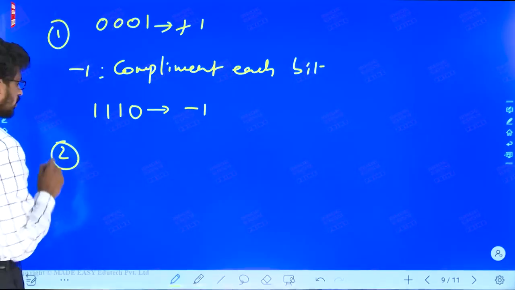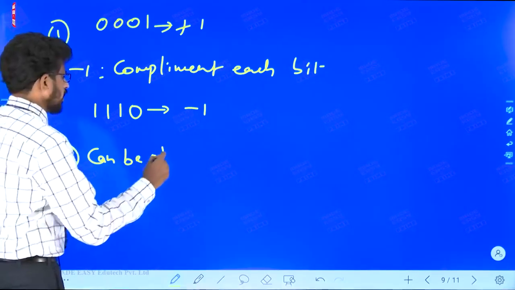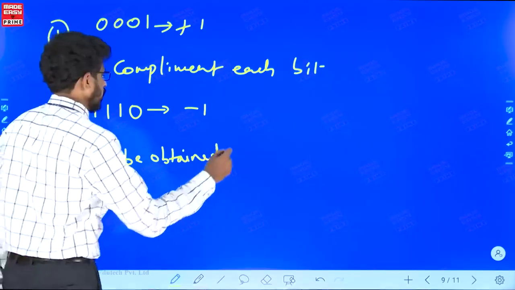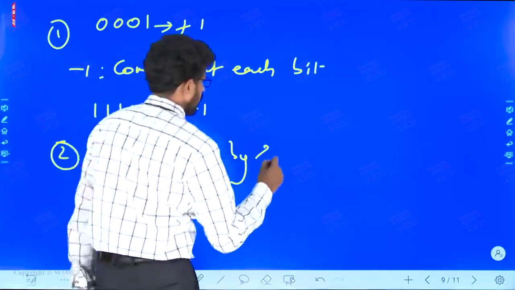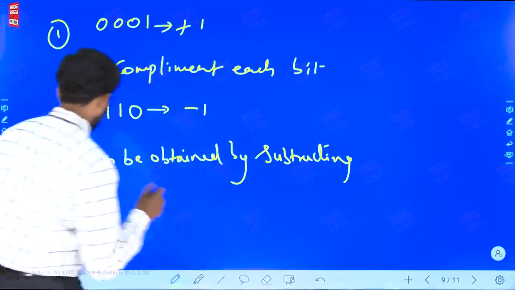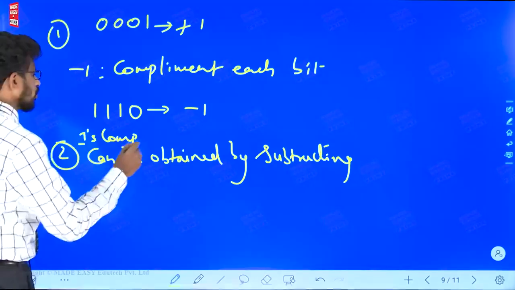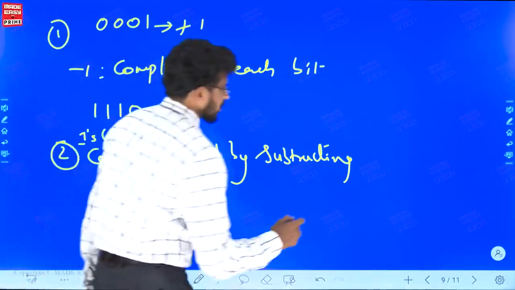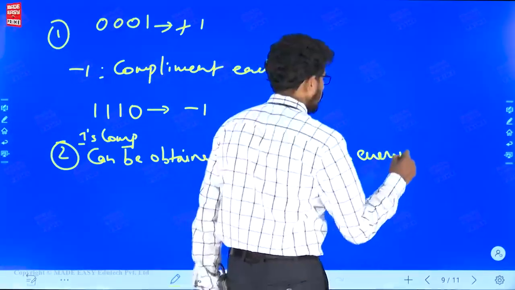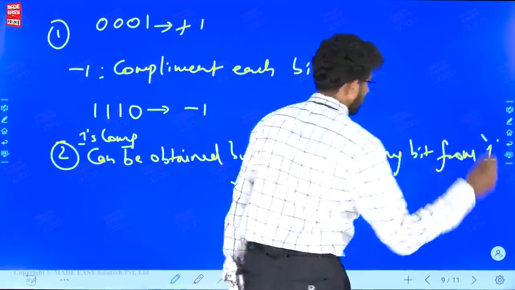In the second way, 1's complement can be obtained by subtracting every bit from 1.